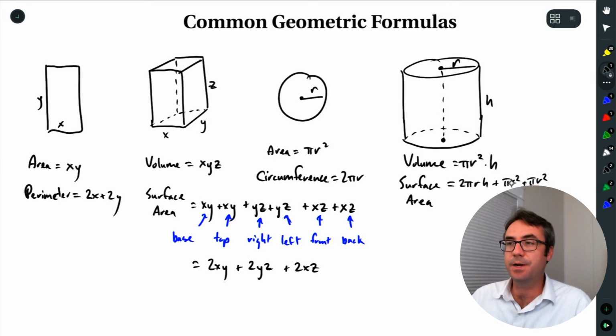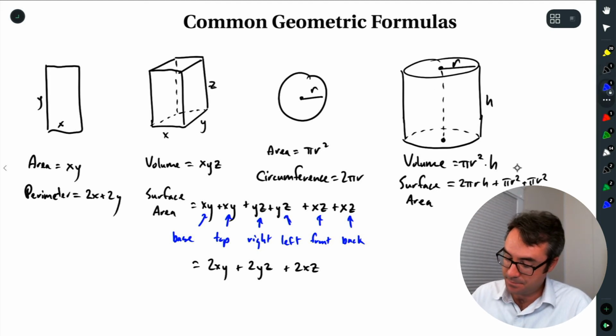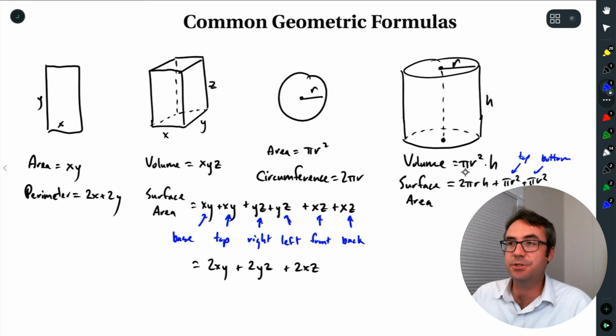The first pi r squared is maybe the area of the top. The second pi r squared is the area of the bottom of our can. And this 2 pi r times h is the area of the sides of our can, the label. Think of it like a soup can. 2 pi r times h is the area of the label, and the pi r squared terms are the area of the top and the base.